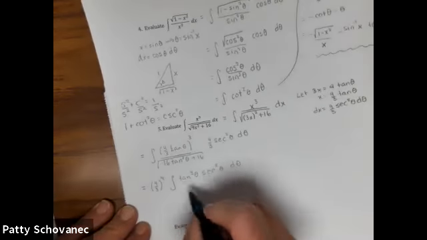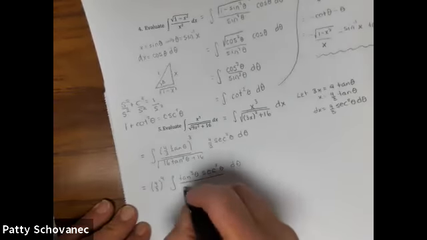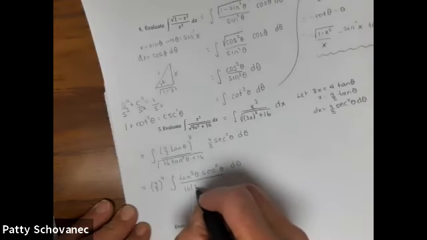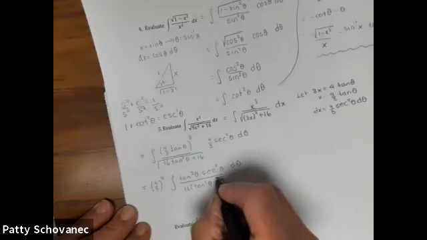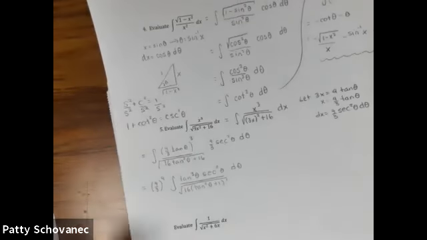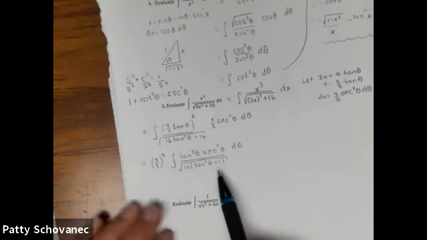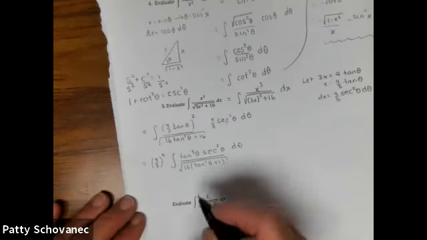And under the radical, I factor out the 16, leaving me with a tangent squared theta plus 1. That's the trig identity that becomes secant squared. So in the next step, I'm going to replace this with secant squared.